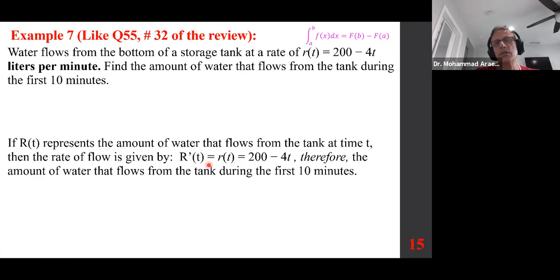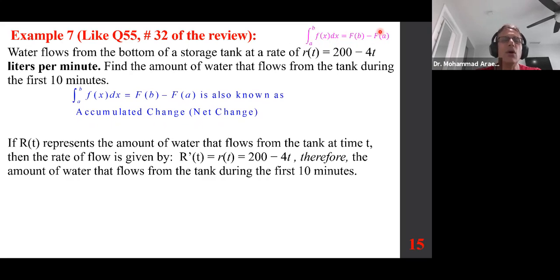So this is the rate, and the antiderivative represents the amount of water. That's the idea. And therefore, we can find the antiderivative and find the amount of water, or we can just use the fundamental theorem of calculus, because that also represents what we call the net change theorem or accumulated change.